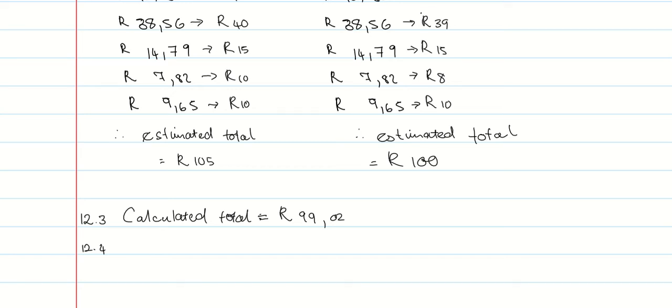What is the question there? The question states, which estimated total was closer to the exact amount? The estimation to the nearest rand.